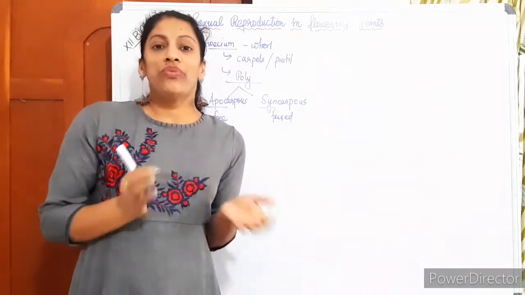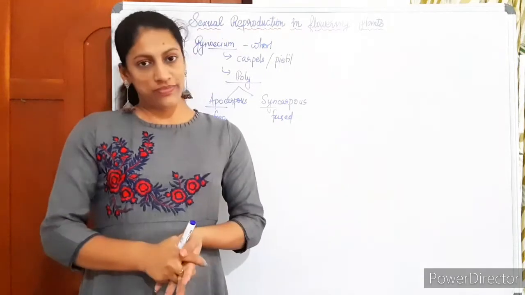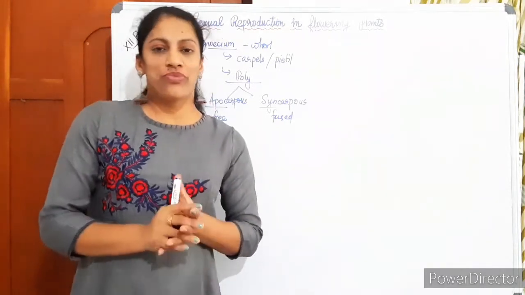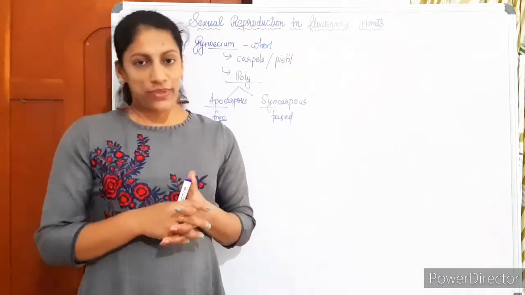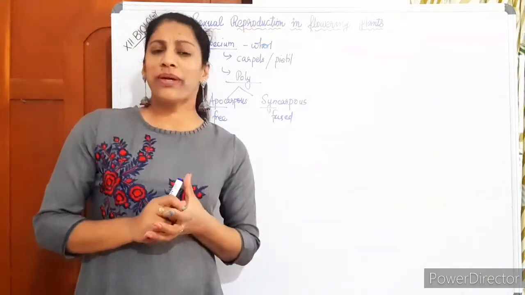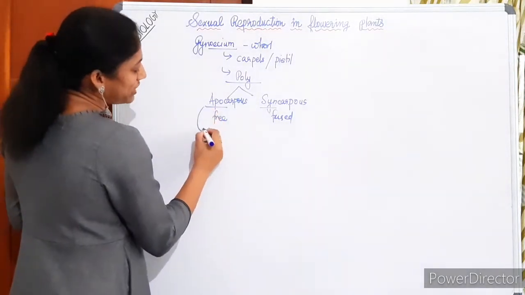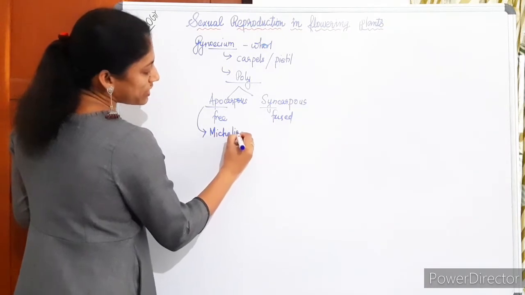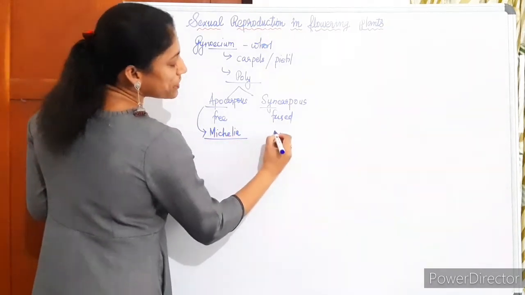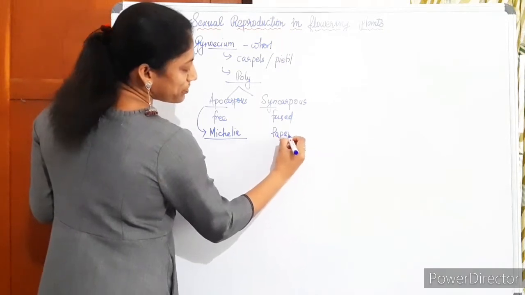A gynoecium in which carpels are fused is called syncarpous, whereas a gynoecium in which the carpels remain free is called apocarpous. The textbook gives two examples: for an apocarpous gynoecium, Michelia, and for a syncarpous gynoecium, Poppy, Papaver somniferum.